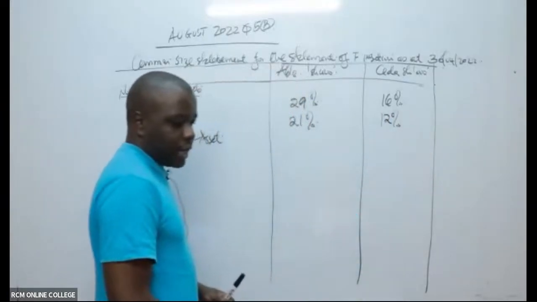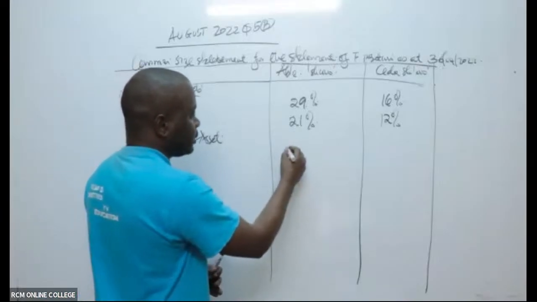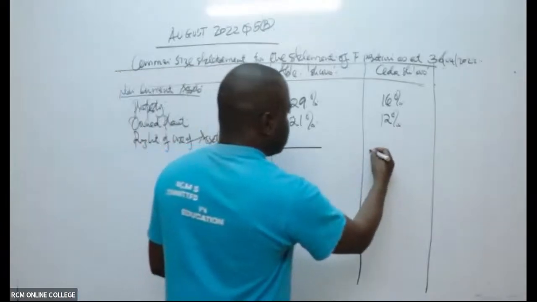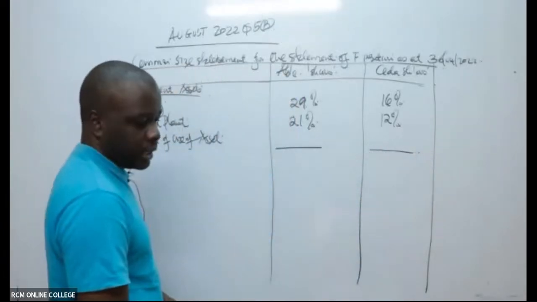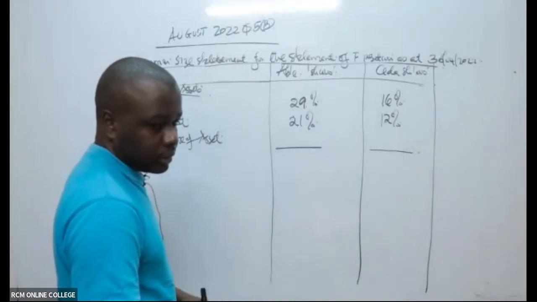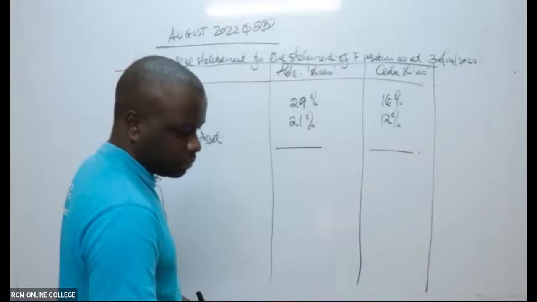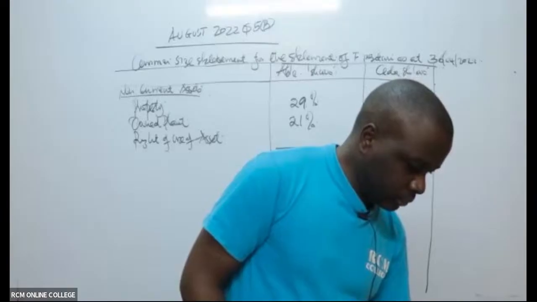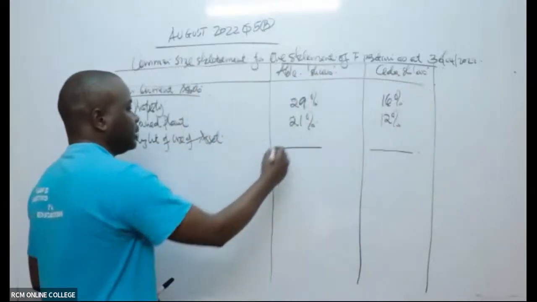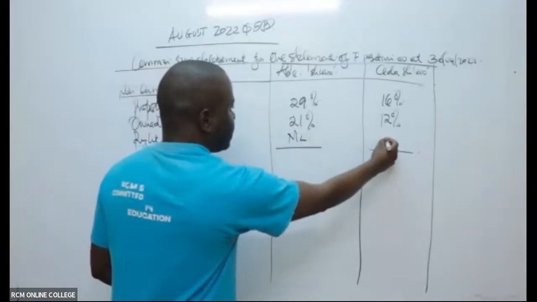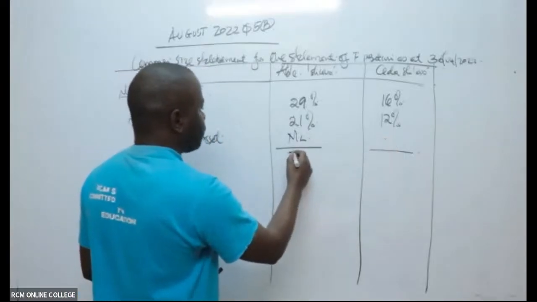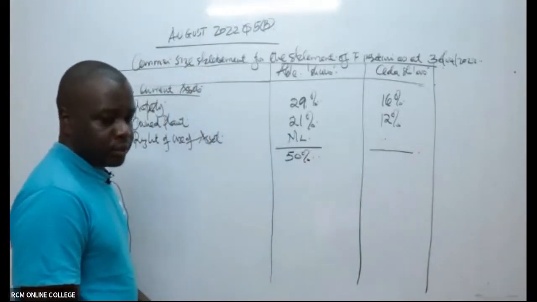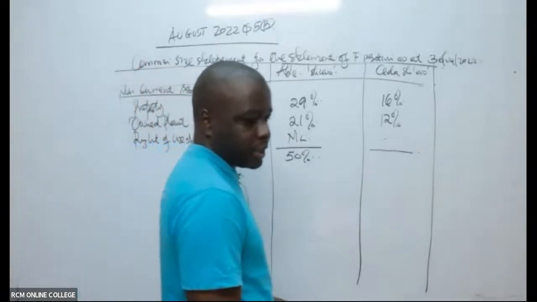What about the right of use of asset on the other side? Here you get the total figure for the non-current assets. This one will be nil because there is no figure there, and this one comes to a total of 50%. And this one is 26.3, so we can say just 26.